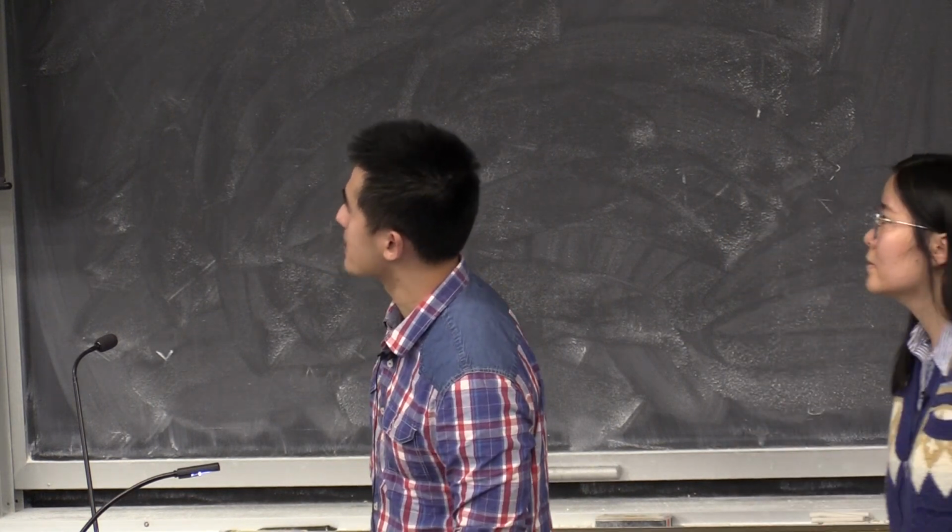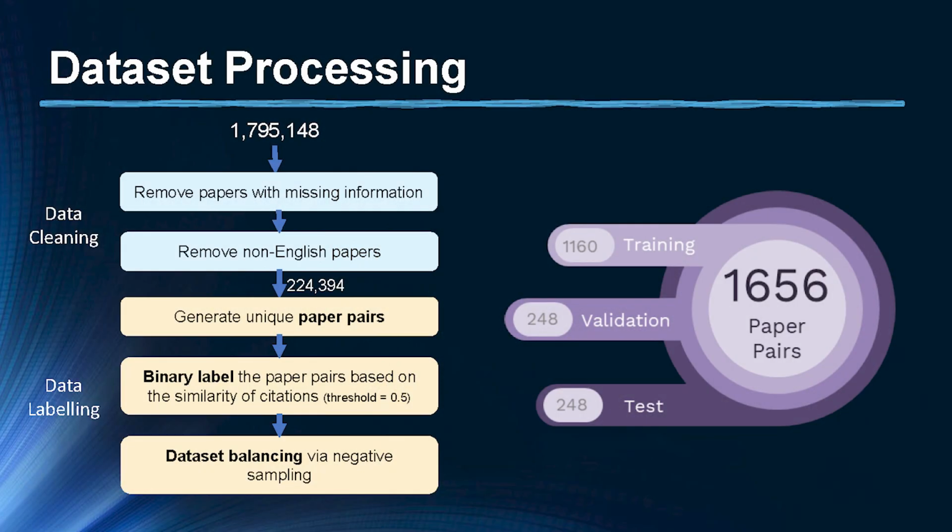For data processing, we did data cleaning and data labeling. Firstly, we removed the data points with missing information and the non-English paper entries from the dataset. We then generated unique paper pairs from the dataset. After that, the binary labels were produced to indicate whether the pair of papers are related, and this is done by measuring the similarity of references used in these two papers.